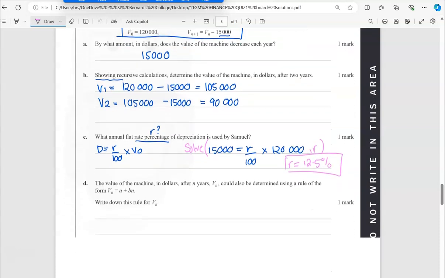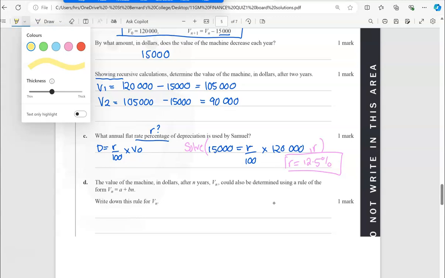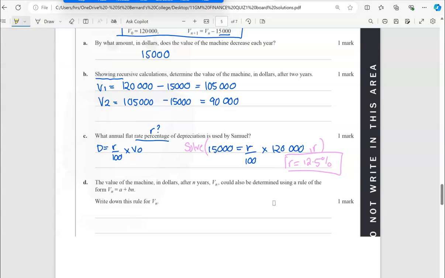Okay, so then it says here, the value of the machine after n years could be determined using the rule. So you've been asked to write the rule. Remember, if they say rule, it's the nth term, and this is for flat rate.